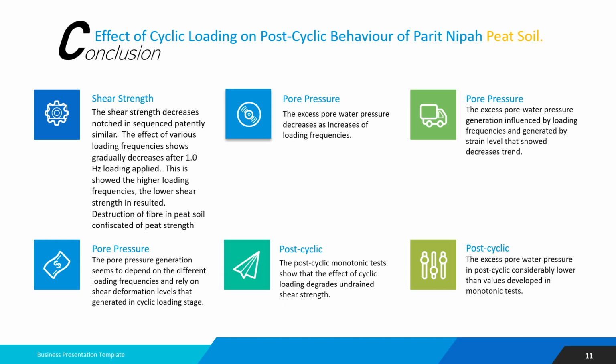And number 5, the post-cyclic monotonic test itself shows that the effect of cyclic loading degrades undrained shear strength. And number 6, the excess pore water pressure in post-cyclic is considerably lower than values developed in monotonic tests.